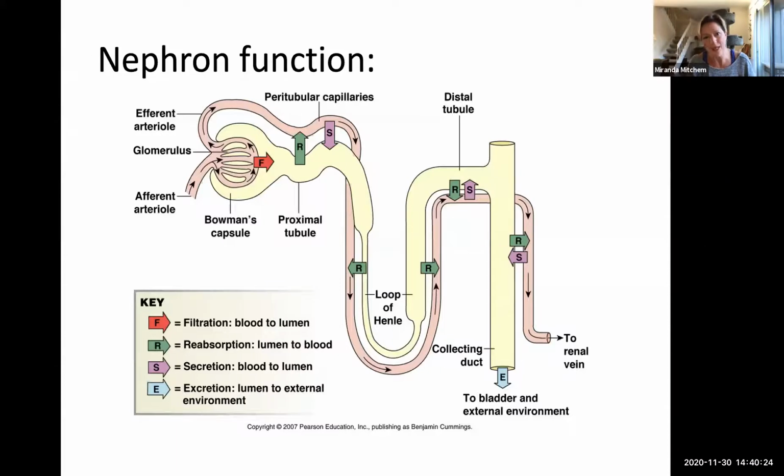But I would be remiss to tell you that it can't be recovered, because it can under extreme conditions. Now, what we are going to learn throughout the rest of this chapter and into the next chapter, chapter 20, is that different materials are reabsorbed at different places along the length of the nephron.